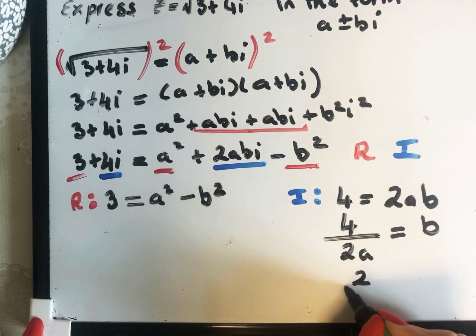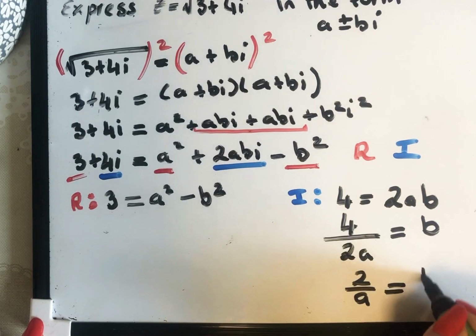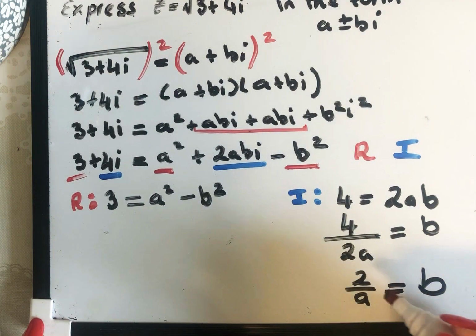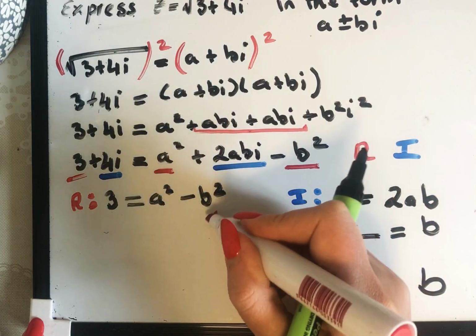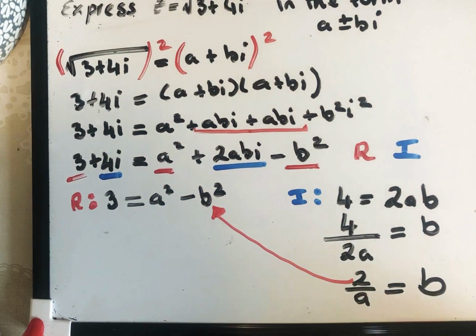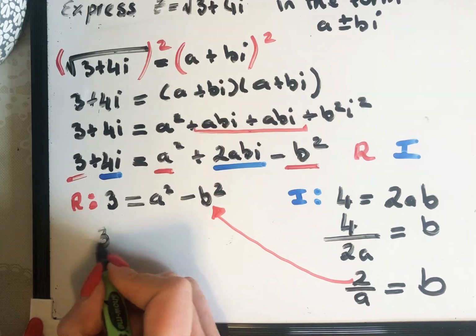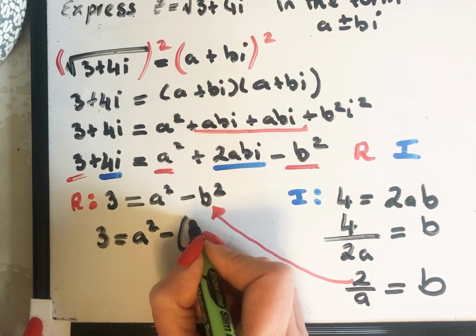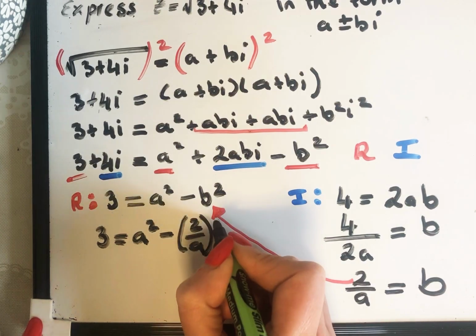So we have 2 over a is equal to b. Now we're going to take our 2 divided by a equals b and sub it into this b up here.